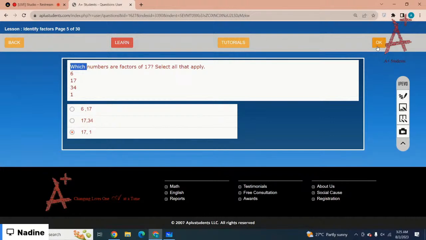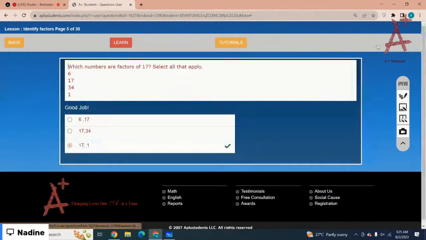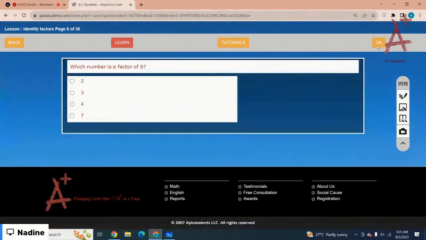Very good. Which number is a factor of 9? Which is the correct option? 2, 3, 4, and 7.